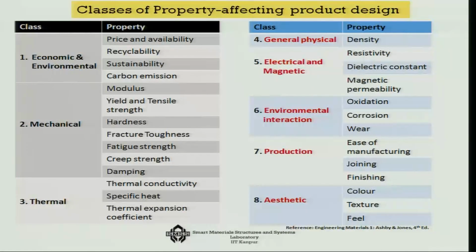The first is, of course, that you have to always keep in mind the economic and environmental effect, because if the material is very expensive, then it is of no use for a mass production system.